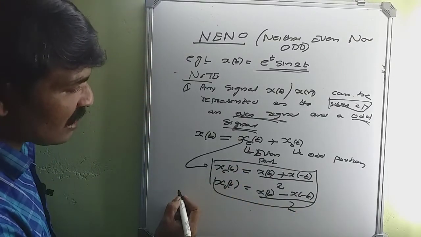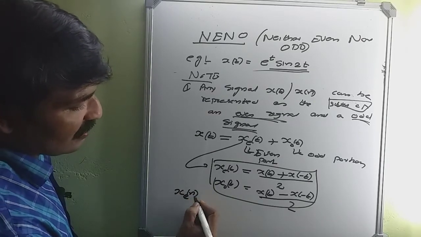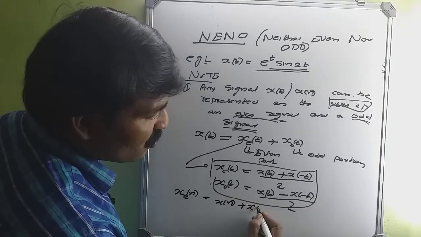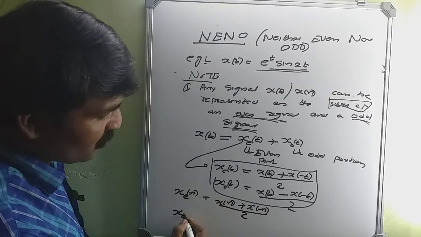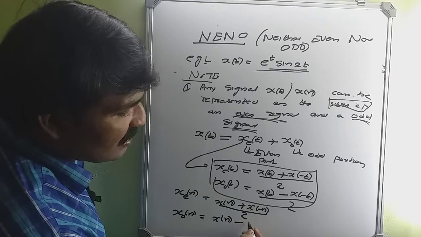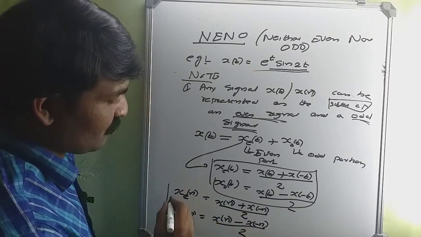In the case of a discrete time signal, x_e of n is equal to x of n plus x of minus n divided by 2, and the odd portion is equal to x of n minus x of minus n divided by 2.